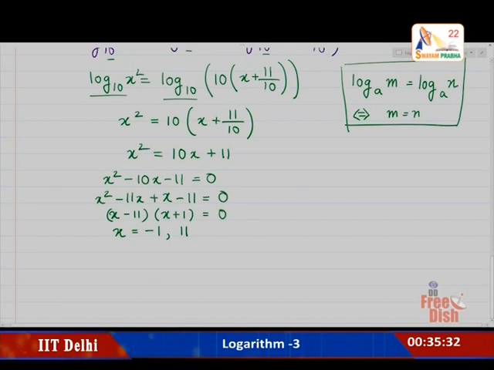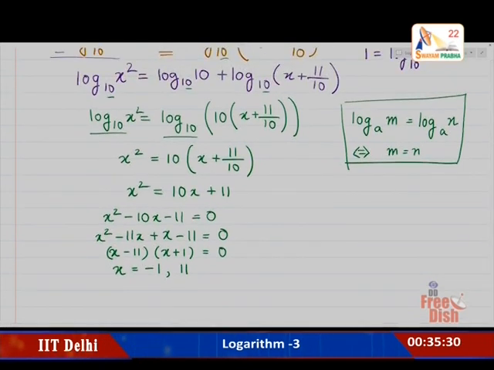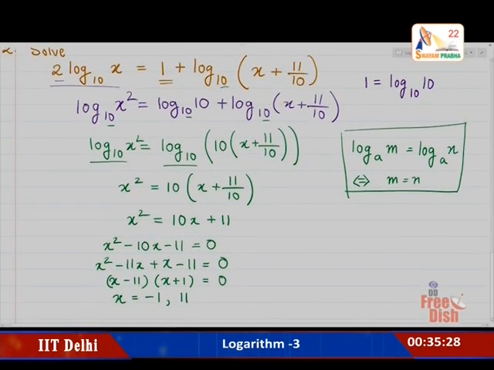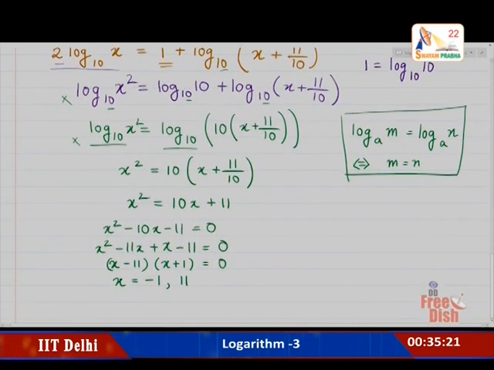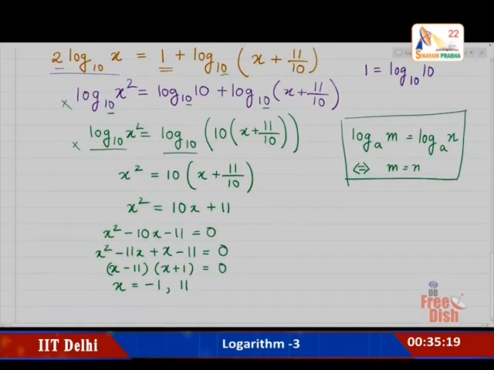Now we will follow the same strategy. We have to feed back these answers into our original expression, not any expression in between. For example, if you use this expression for feeding back the answer and feed the value of minus 1 here, you will get a valid log, but this is something that is not given to you, this you have converted.